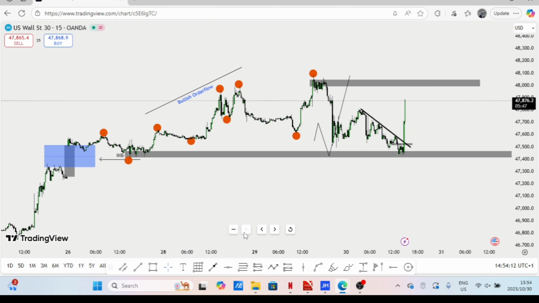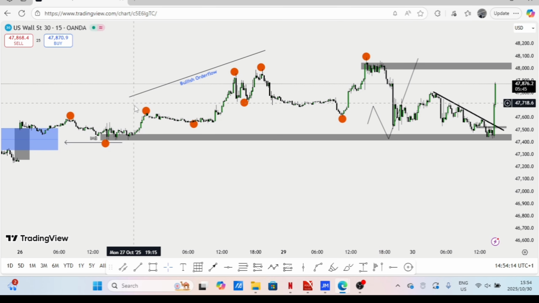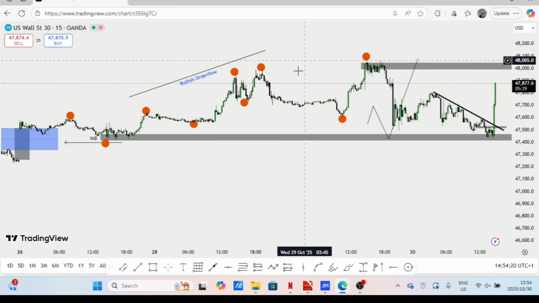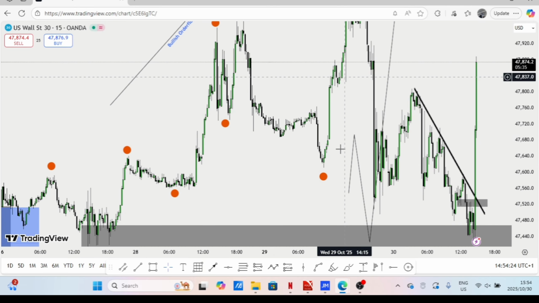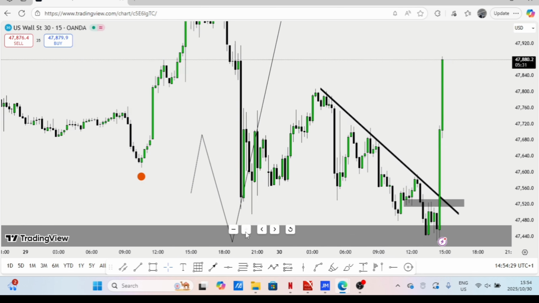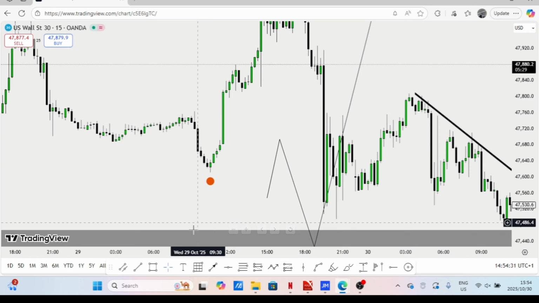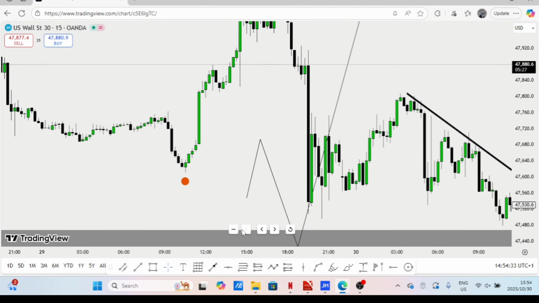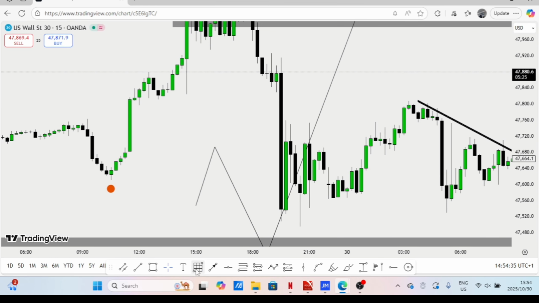And then as you can see, I was not entering the market right over here because it was not part of my plan to trade on the lows or on the highs or on the fair value gaps or anything of that sort. Here's the perfect example of why I never enter the gaps or the fair value gaps.